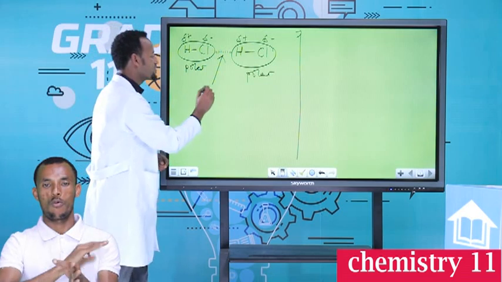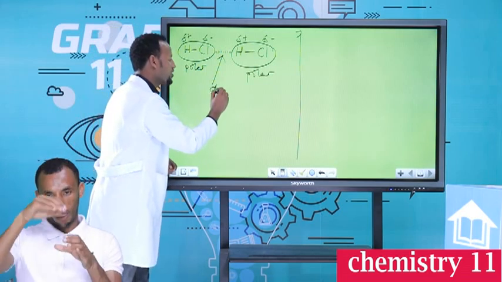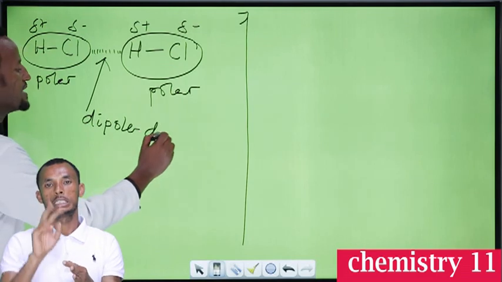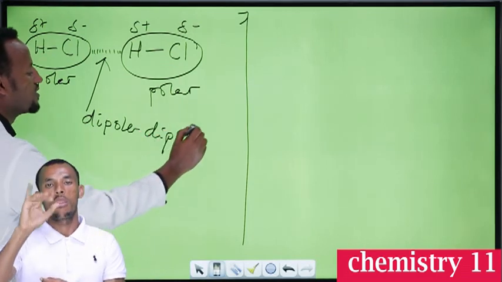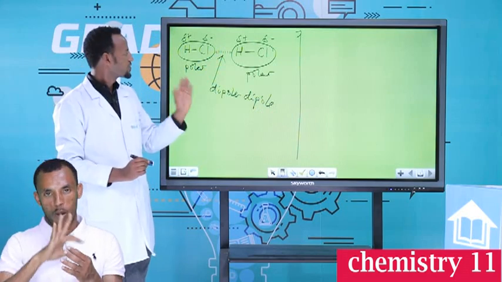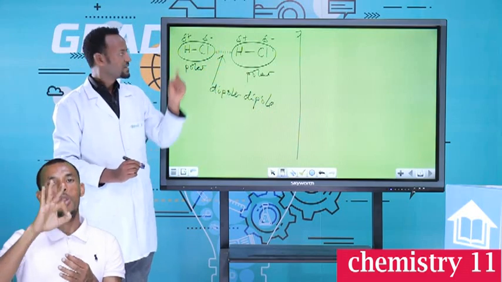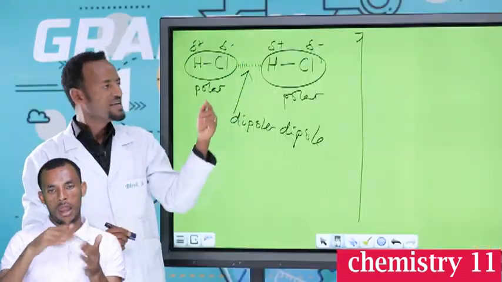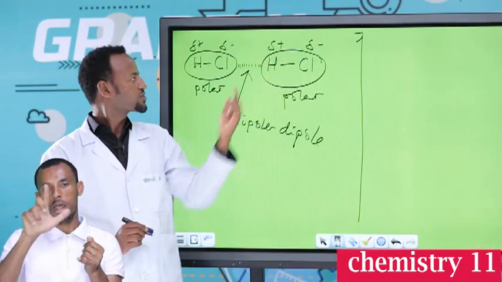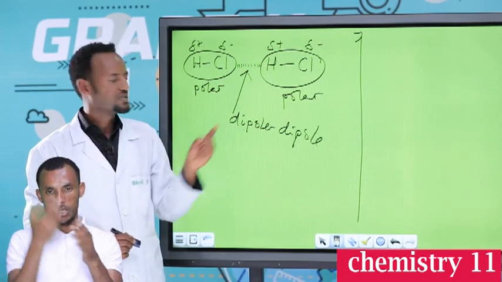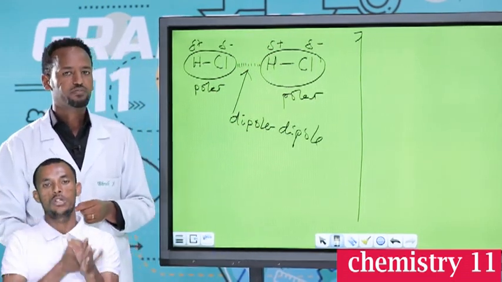This intermolecular force is dipole forces. Simply, force of attraction between two polar molecules. The partially negative end of the chlorine atom is attracted to the partially positive end of the hydrogen atom. Therefore, this is intermolecular force. This intermolecular force is dipole forces.